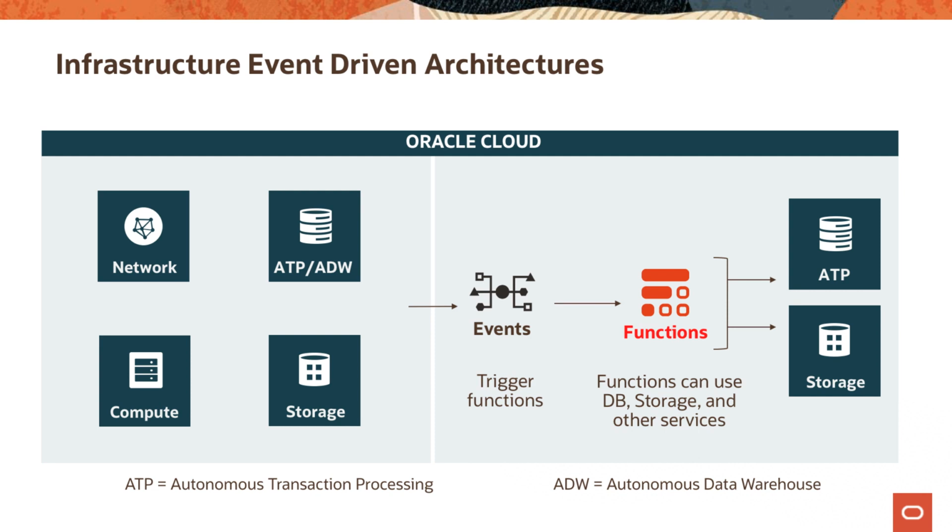And networking resources can also trigger events. I encourage you to look at the events presentation. I've recorded a session on the OCI Events service, so you can learn more about this over there.